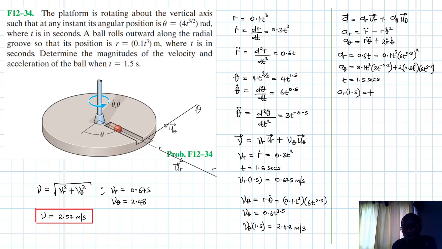Alright, so here we have a minus 17.325 meters per second squared.